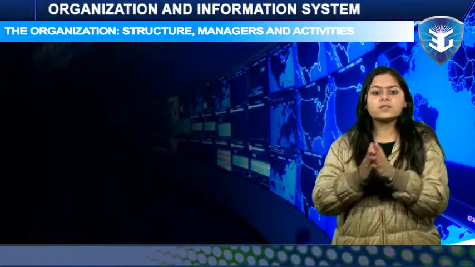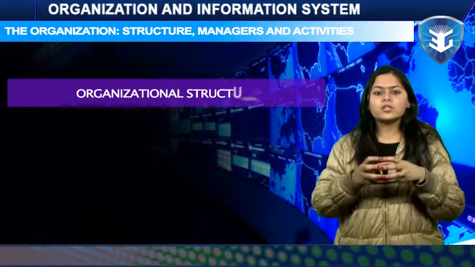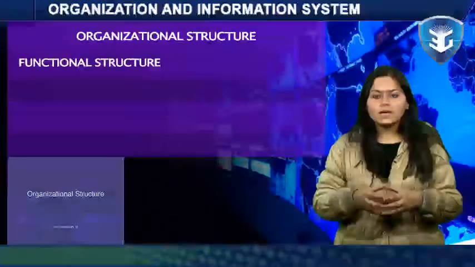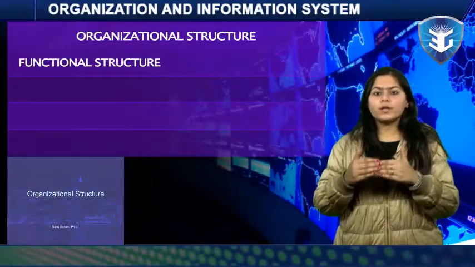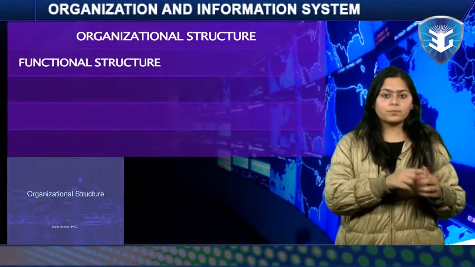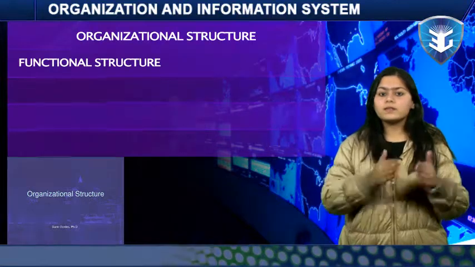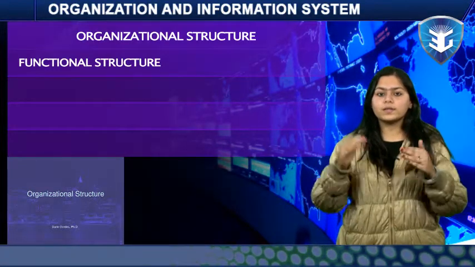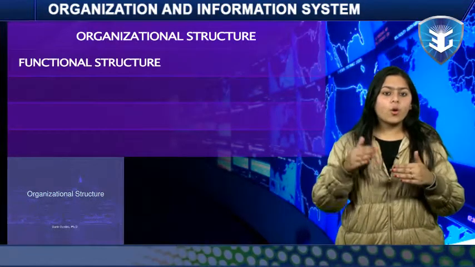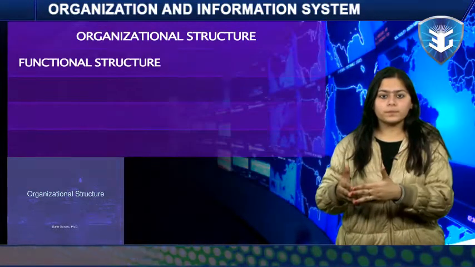The organization structure, managers and activities. Organizational structure: functional structure. The organization is structured according to functional area instead of product lines. The functional structure groups specialized skills in separate units. This structure is best used when creating specific uniform products.